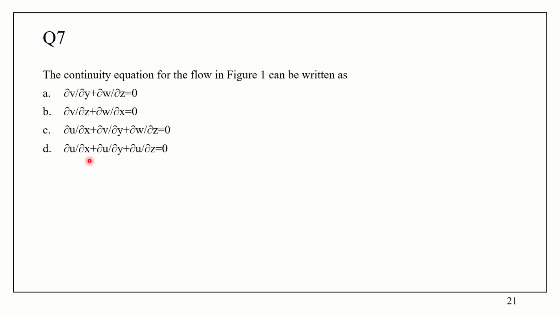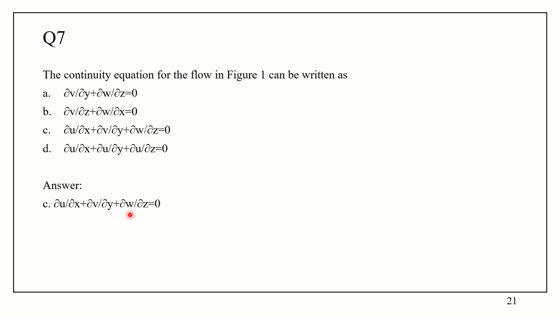Option D, dou u by dou x plus dou u by dou y plus dou u by dou z equal to 0. So here all 3 components come into the picture. Dou u by dou x plus dou v by dou y plus dou w by dou z equal to 0. That is the continuity equation for the flow in figure 1. So the answer is option C. Option C is the right answer.